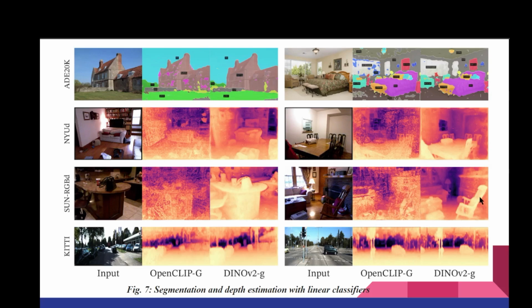So the model is not performing well when estimating the depths of these objects in the images for OpenCLIP, but DINOv2 is performing well. And here also for segmentation, it has similar results, but it is on par with the SOTA models. So here you can see it segments the house very well.